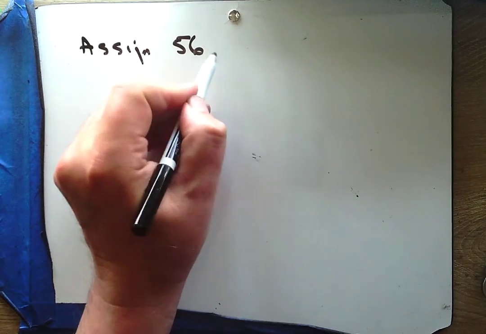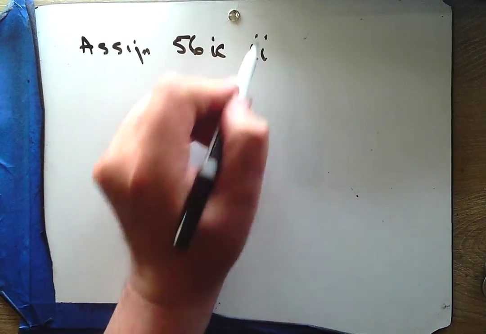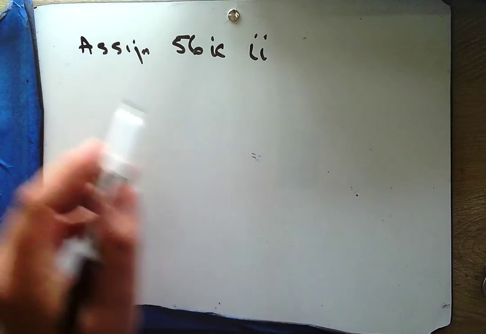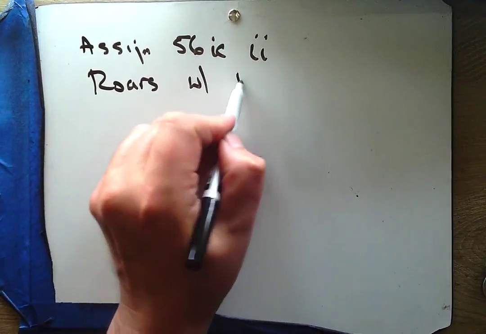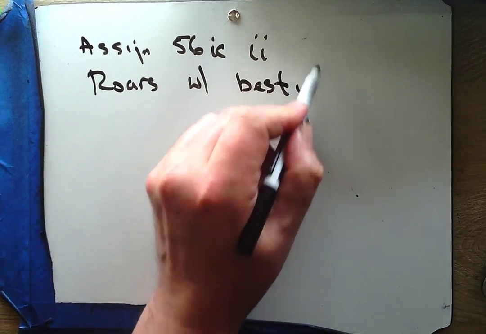I've always thought if assignment 56 IC double could talk, it would say roars with bestial vigor.